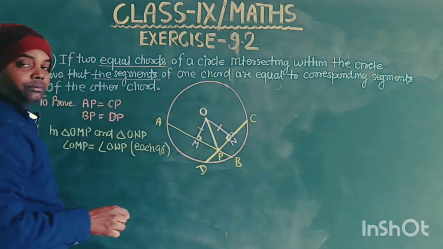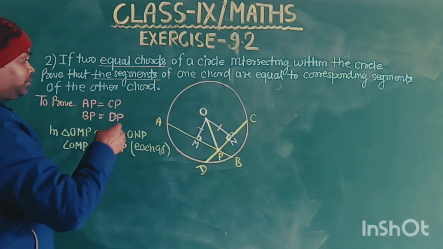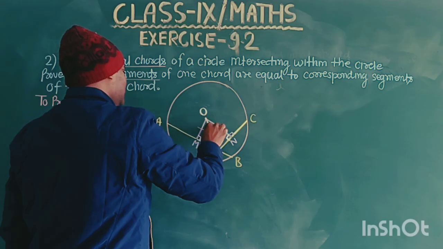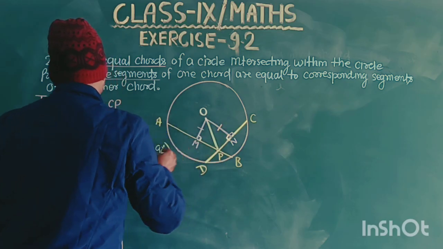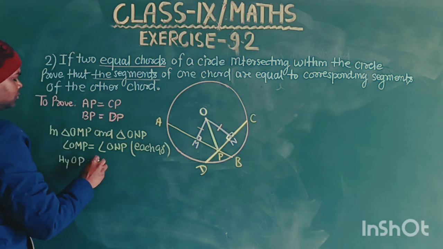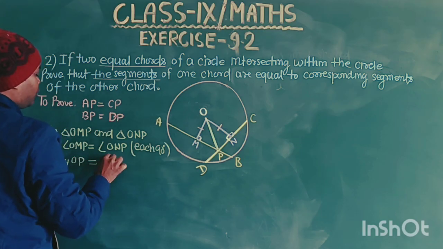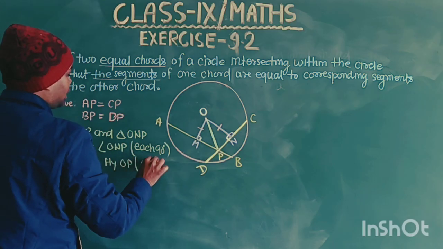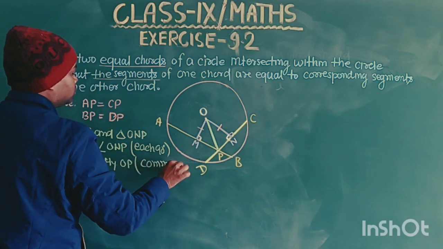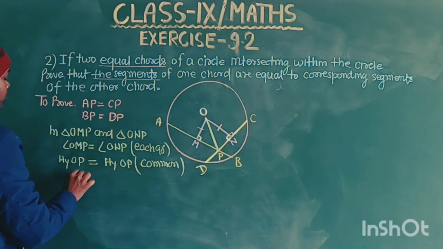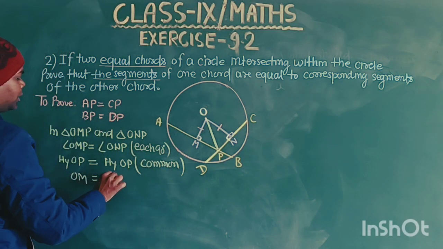And second, in both the triangles OP is common. This is the hypotenuse. So write hypotenuse OP equal to hypotenuse OP, common in both the triangles. This is common. And second, OM equal to ON.